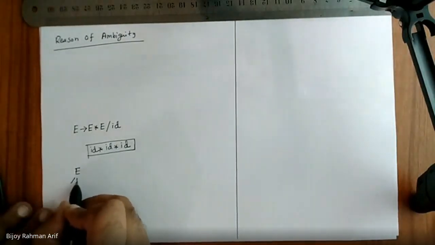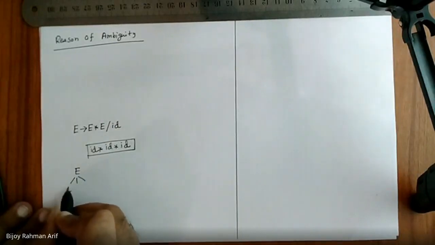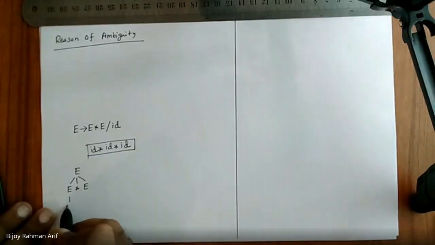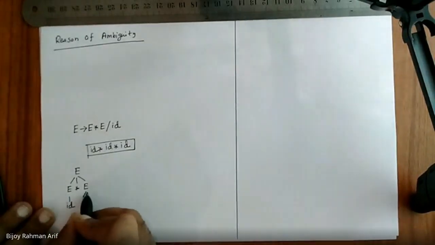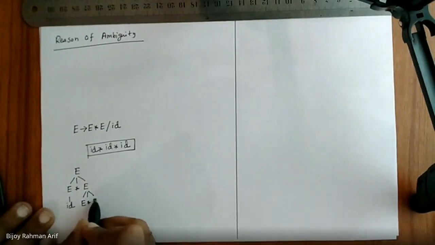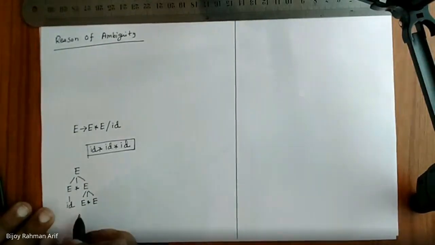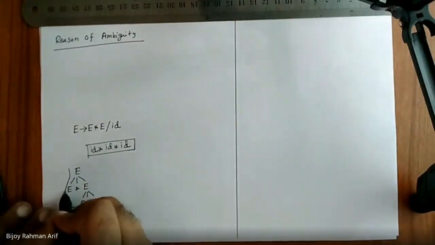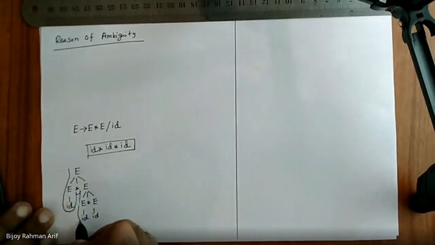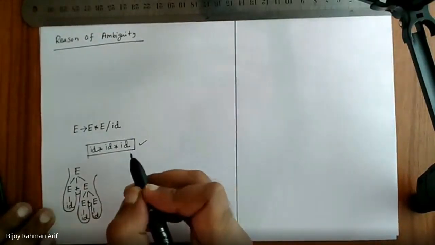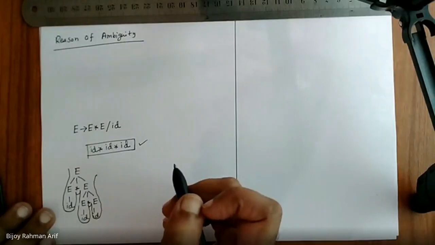E derives E star E. Then this one becomes E star E, this one becomes ID. Then this one becomes ID, this one becomes ID. So what is the yield? ID star ID star ID. Correct. Am I right? Absolutely right.